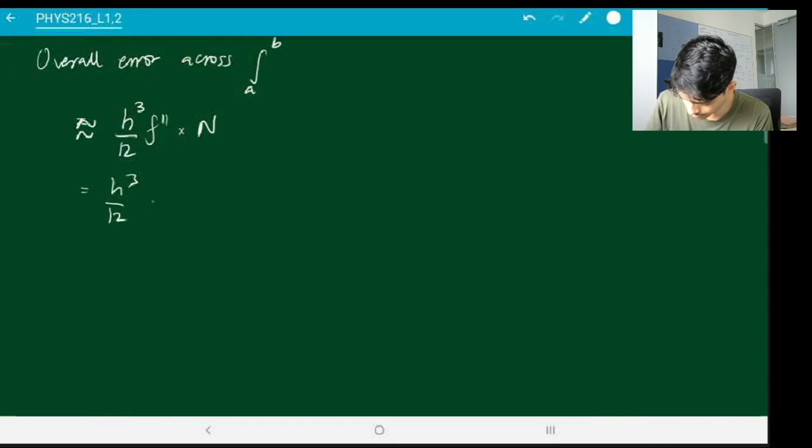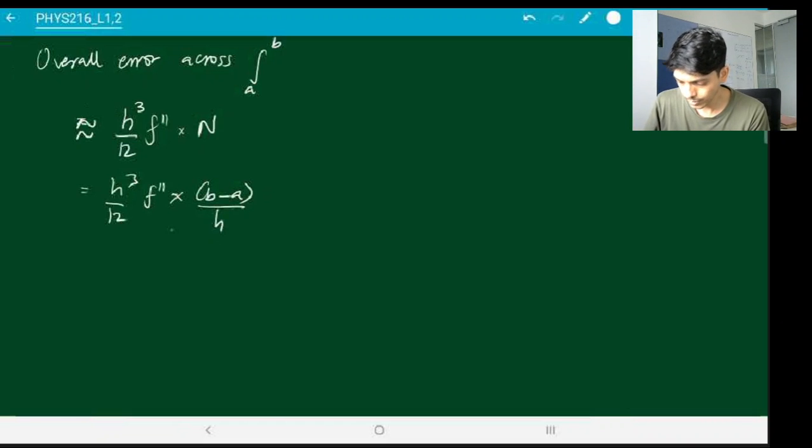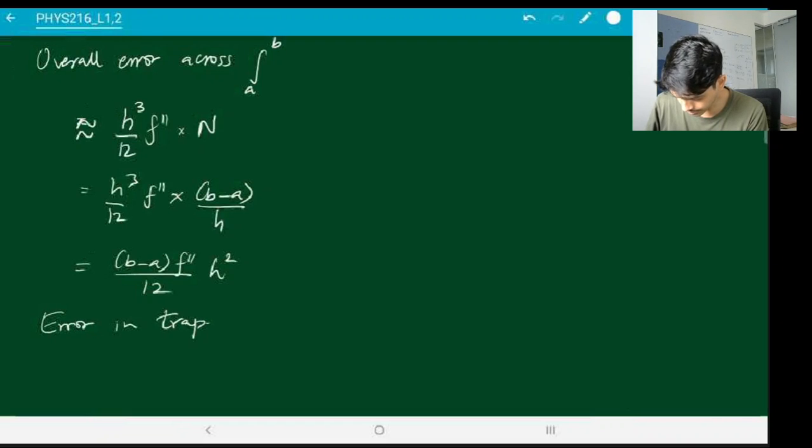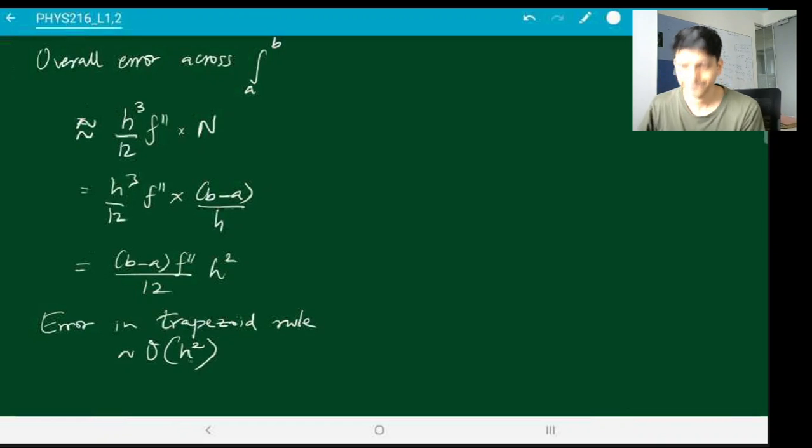But if you remember, n is just b minus a over h. So one of these h's cancels out, and you get h square. So the error whenever you calculate the integral using trapezoid rule is of the order of h square. This is an important point to remember.